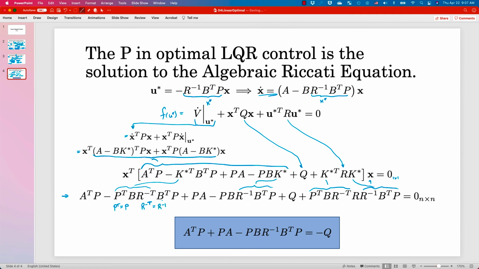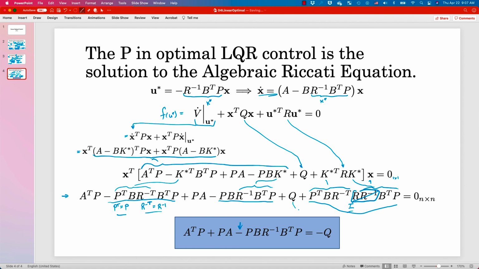B, we don't have any symmetry about that, so B transpose, we gotta leave it alone. And here, we actually have an R and an R inverse multiplying each other, which gets us identity. And once you make these three simplifications, I think you'll see that this term is equal to this term is equal to the opposite of this term. So I've got two negatives and one positive, so I end up with one net negative.